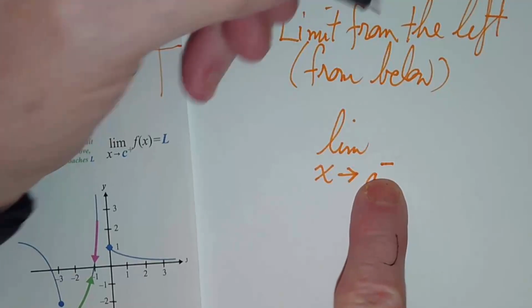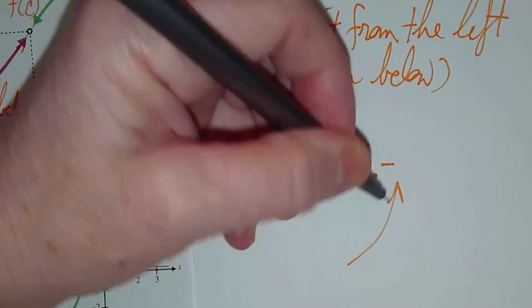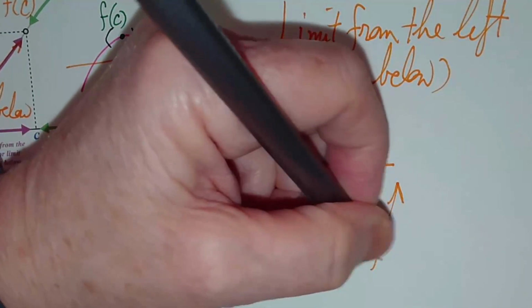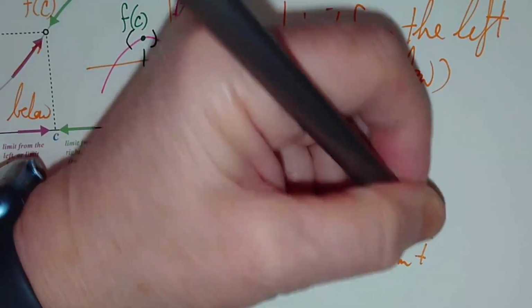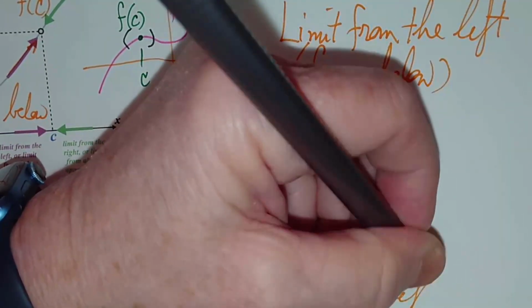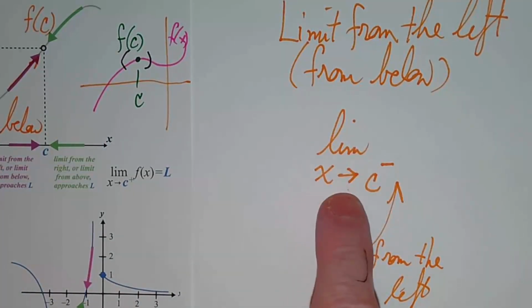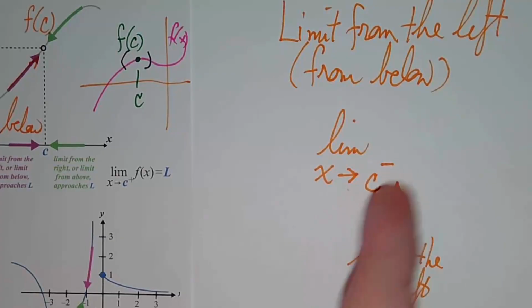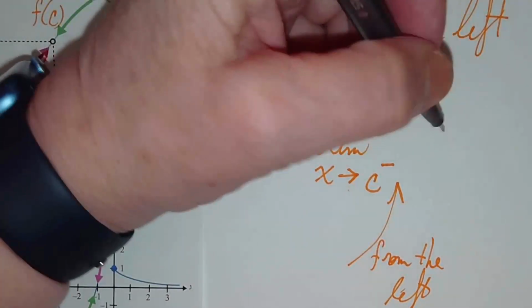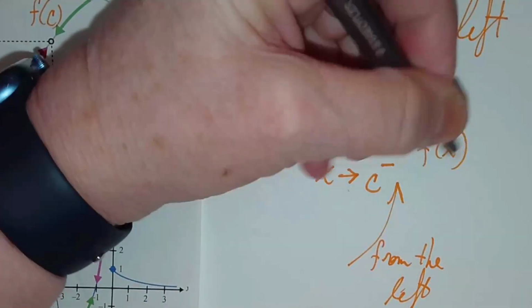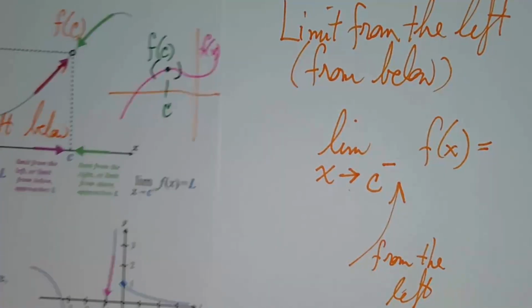So this little minus sign here tells us that this is from the left. This is the limit as x approaches c from below or from the left of f of x. Well, let's look at the graph.